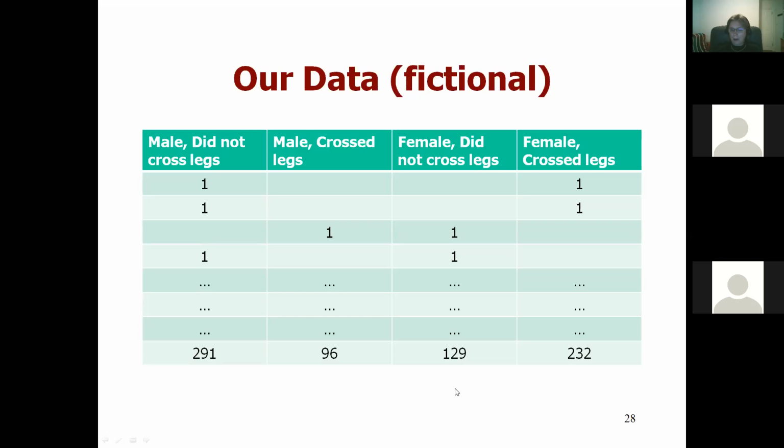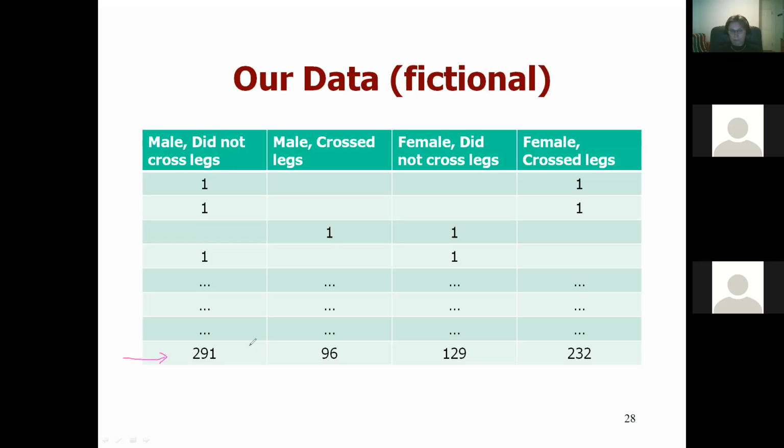Yeah. So what are these numbers at the bottom row? Let's get my annotation. What are these numbers? Total number of participants in each column. Very good, Rita.